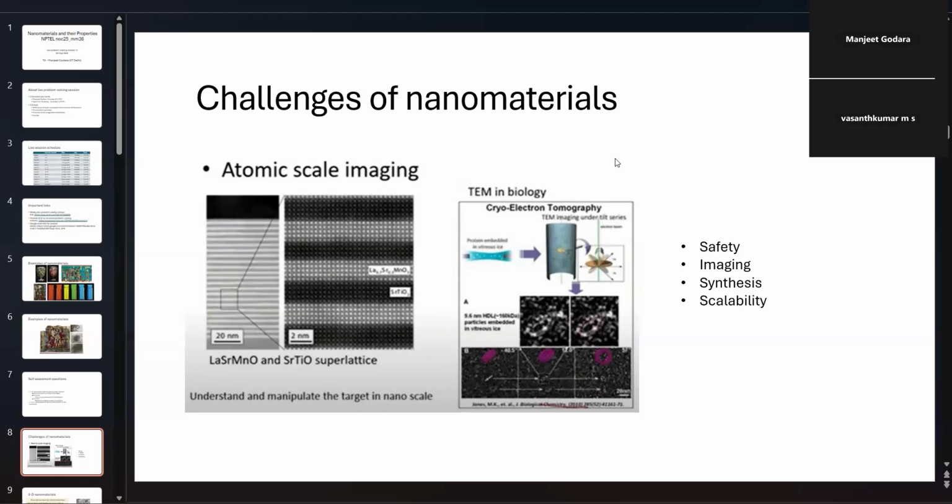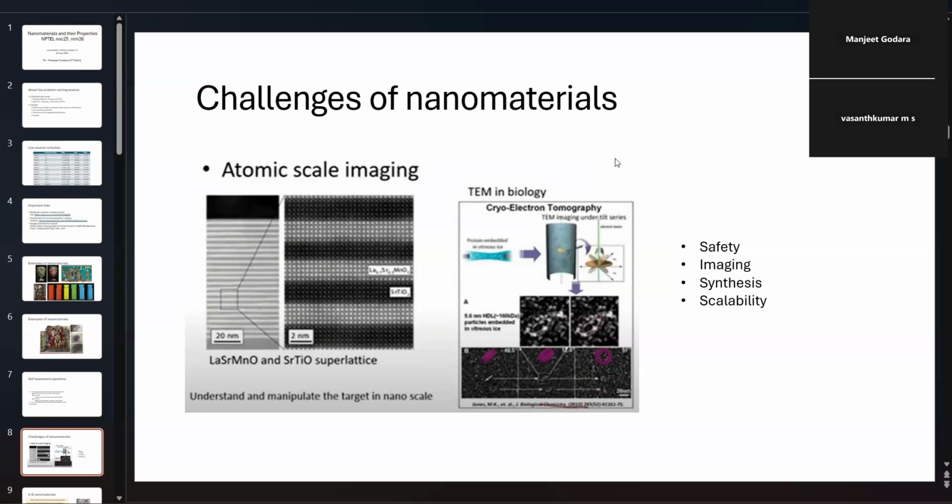And there are also safety issues with our lungs. If you breathe nanoparticles through your lungs, they get easily absorbed into your bloodstream, and again, that can have bad effects on your health.